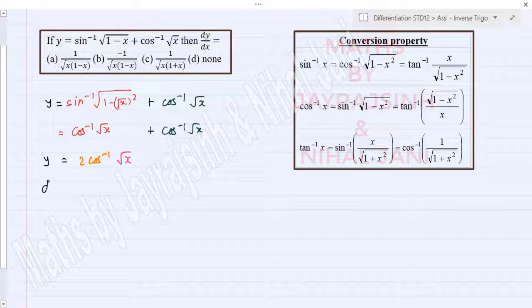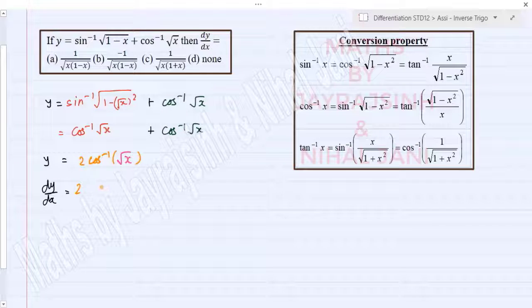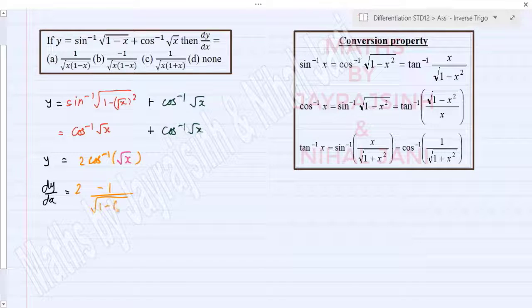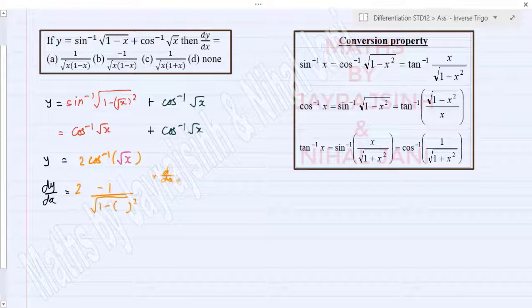Now to get dy by dx, we have to differentiate with respect to x. We don't have to worry about this 2. And to differentiate cos inverse root x, we have to consider a box around the root x. So differentiation of cos inverse box is simply minus 1 upon under root of 1 minus box square into d by dx of box.